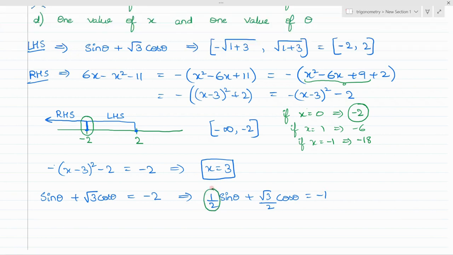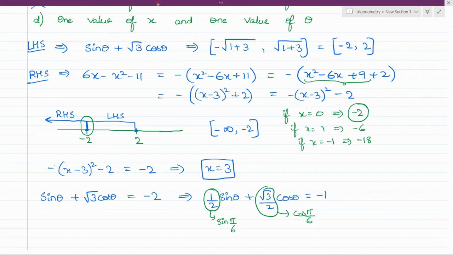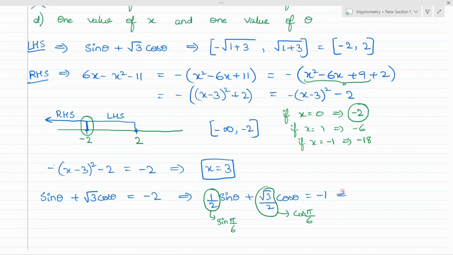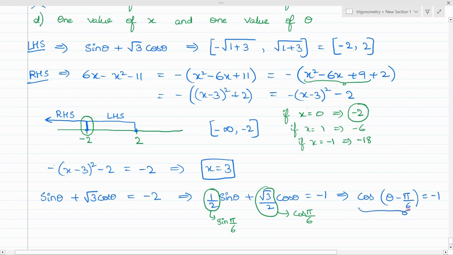Here 1 by 2 is sine pi by 6 and root 3 by 2 is cos pi by 6. So it's in the form of cos A cos B plus sin A sin B, which is cos of A minus B, that is cos of theta minus pi by 6 equal to minus 1.